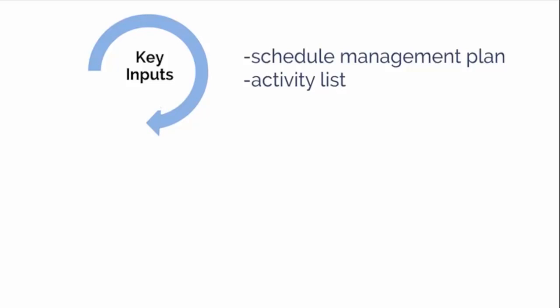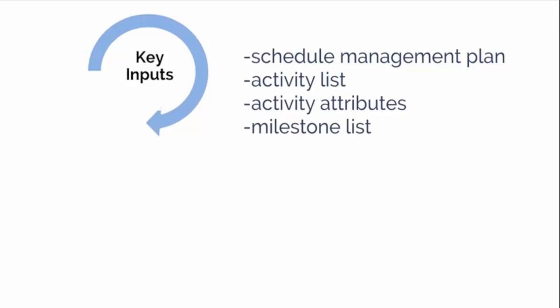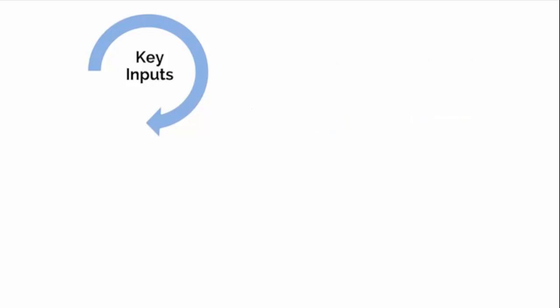We need to consider dependencies and other constraints for these activities since that can influence the sequencing of activities. Activity attributes may describe a necessary sequence of events or defined predecessor or successor relationships. And milestone list. The list may have scheduled dates for specific milestones, which may influence the way activities are sequenced.